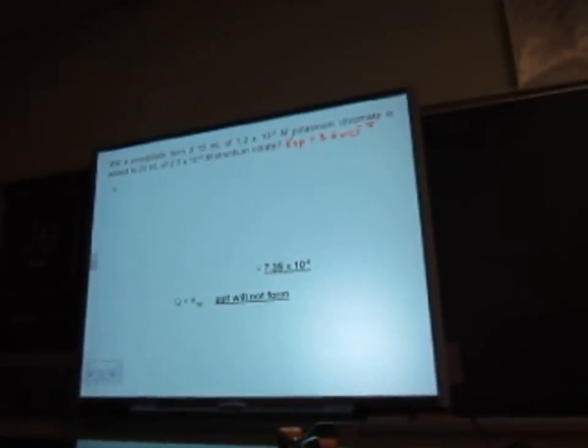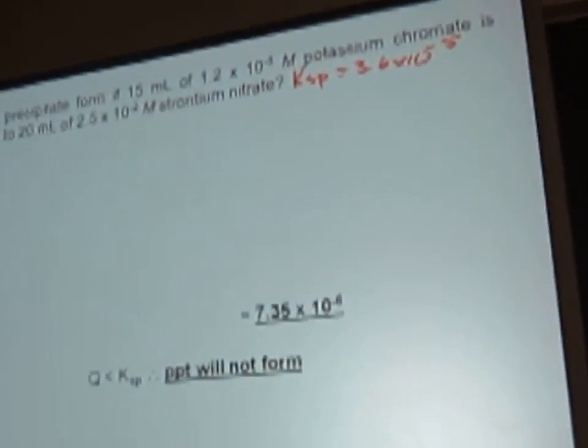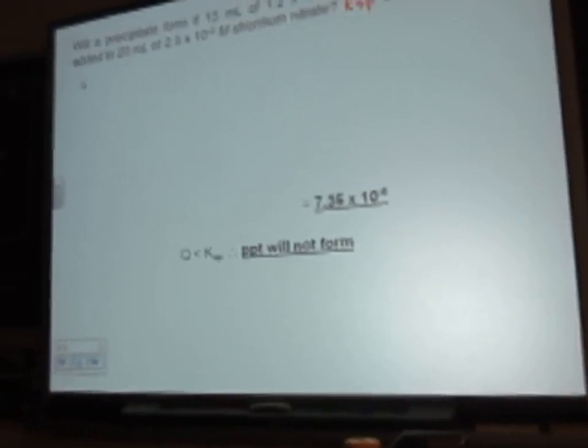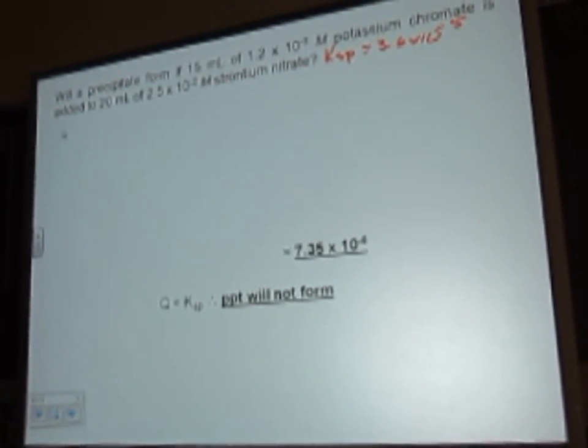Oh, this QT. Yo. That's 7.35 times 10 to the negative 6.